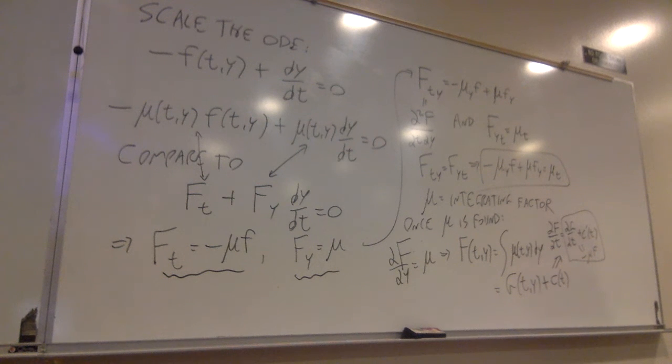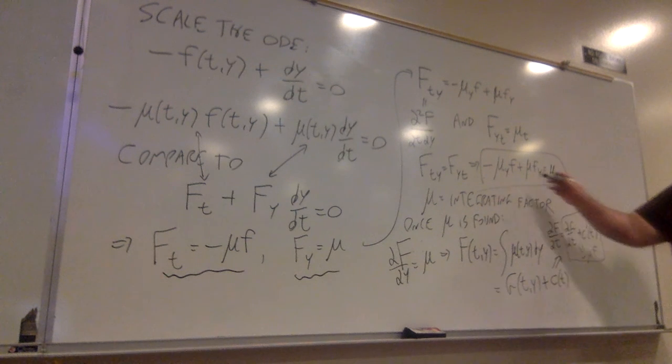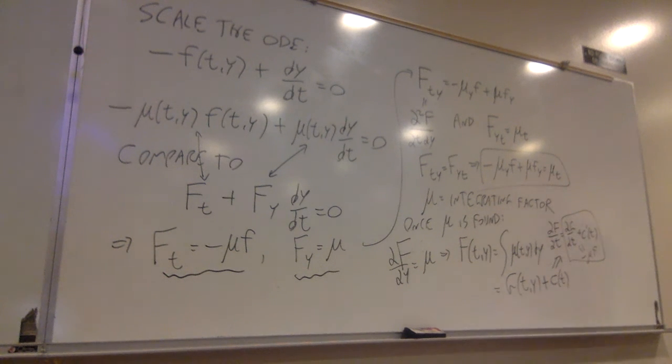Okay. So what will happen on Wednesday is we'll consider the first type of first order equations that we'll solve, the first classification, that is equations that are separable, where f can be written as a function of t times a function of y. And what happens in that case is we can make an assumption on mu that it depends only on y, not t.